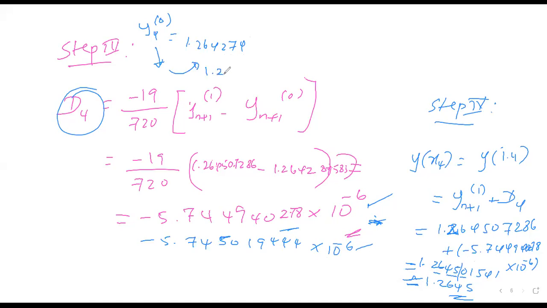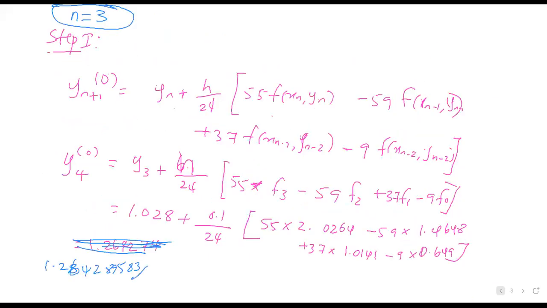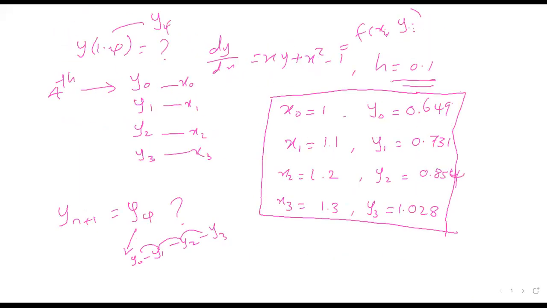We have found our final answer would be 1.2645. So only the fourth decimal point changed, all the other points are okay. This point we had to correct, so that's why we did the corrector method and that d4 and then added it. Can you go through it again? When we see it in the notes, it seems very difficult, but when you are feeding in numerical values, it is easy.